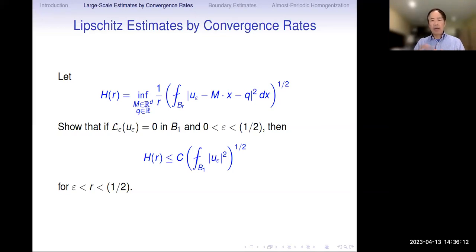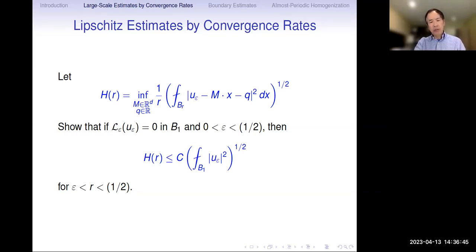So if I recast the large scale Lipschitz estimate, what we want to show is that this function H of R is bounded by the L2 average of the solution without a gradient. On scale 1, you can freely change from gradient to non-gradient, one side by Caccioppoli, the other side by Poincaré. So this is the estimate we need to do.